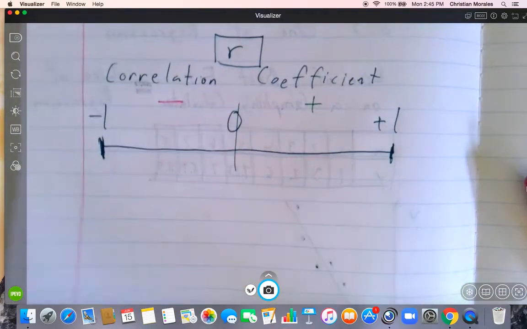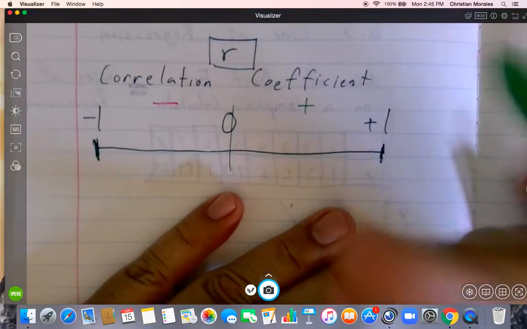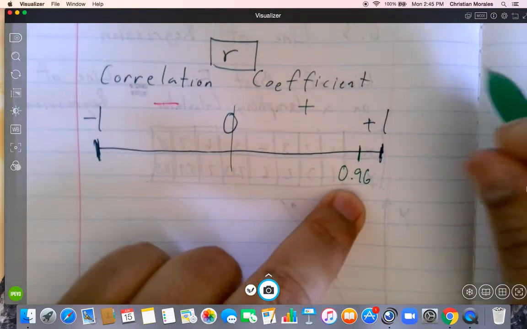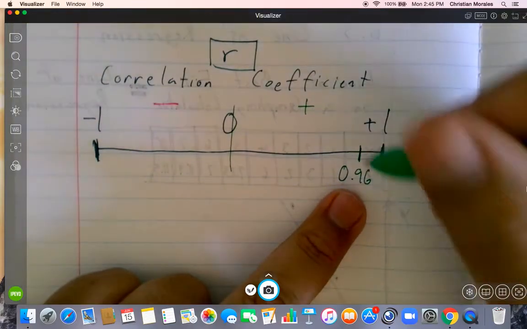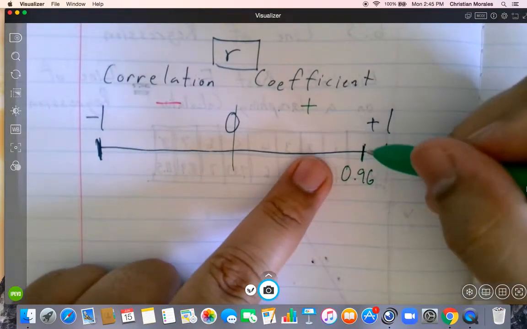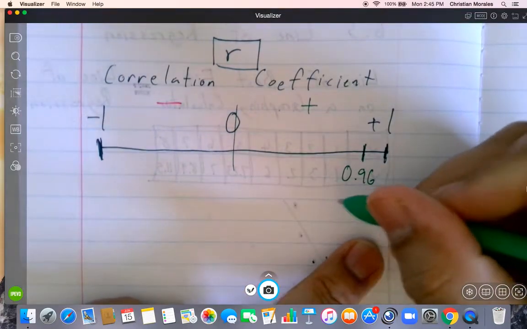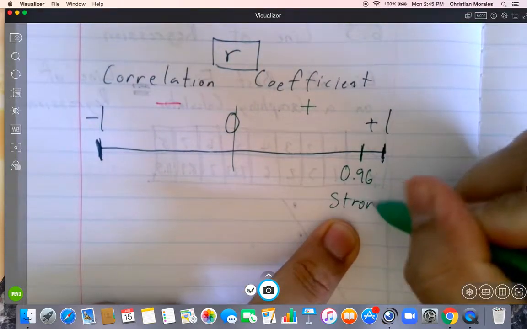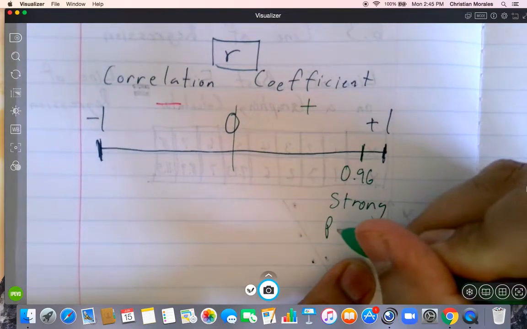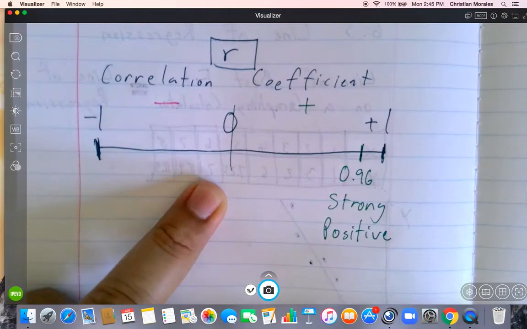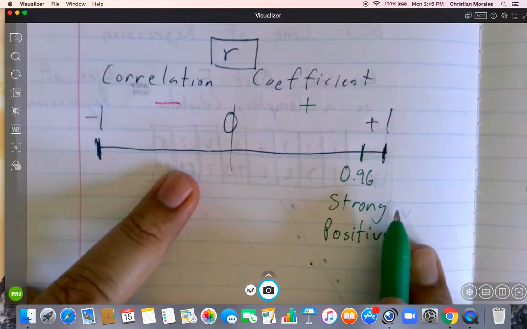Now here's the number that it gave us, 0.96. When your number is close to 1, it has a very positive and strong correlation. So this line has a strong positive correlation.